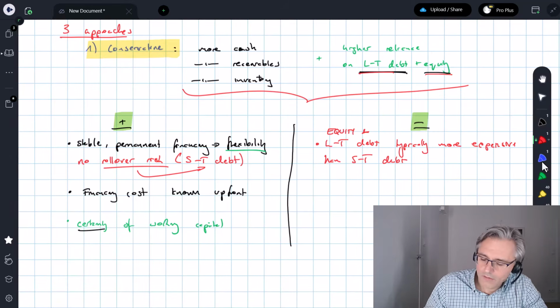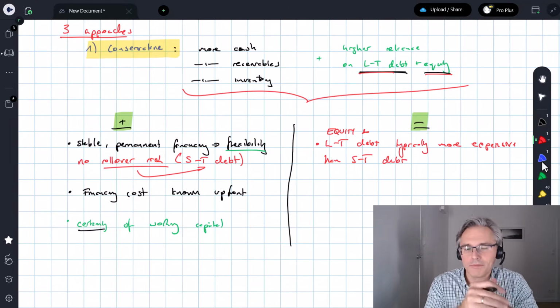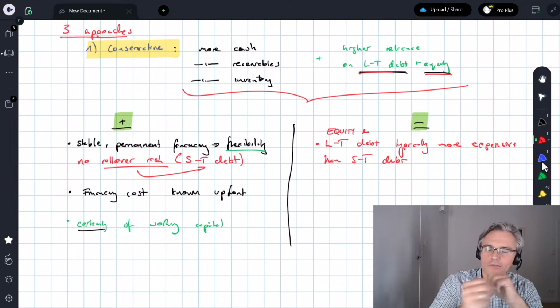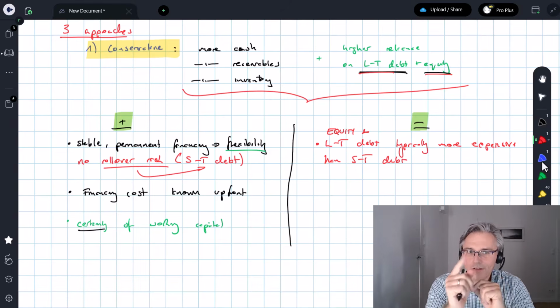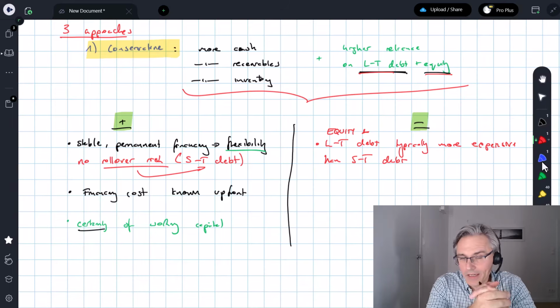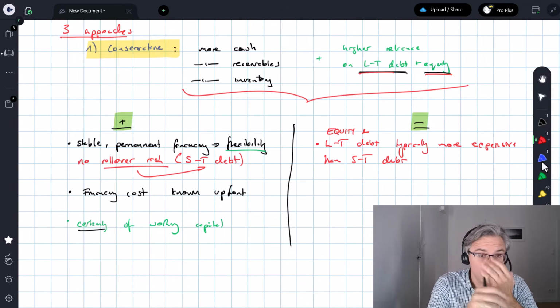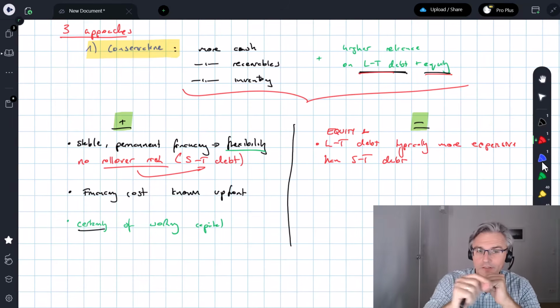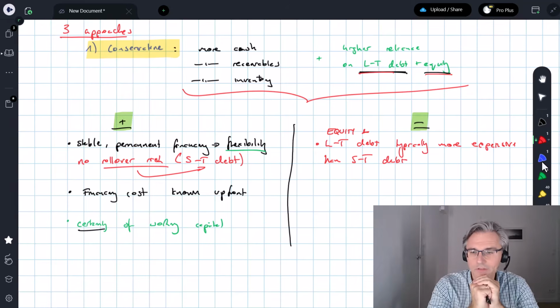And of course, the only time that this wouldn't be true is if we had an inverted yield curve and short-term interest rates were higher than long-term interest rates, but that doesn't happen all the time. We recently had a period of that happening, but the normal shape of the yield curve over time is upward sloping.